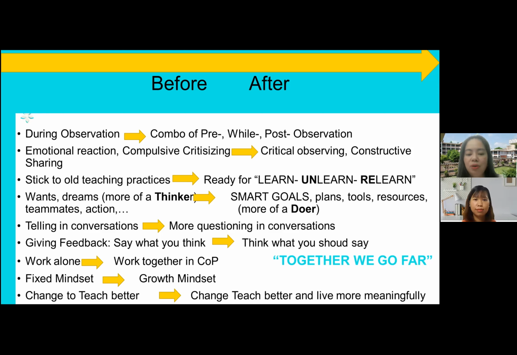After you want to become a growth mindset person. And finally, you change to teach better. Before, you just do some professional activity to make a change to teach better. But now you change to teach better and live more meaningfully.